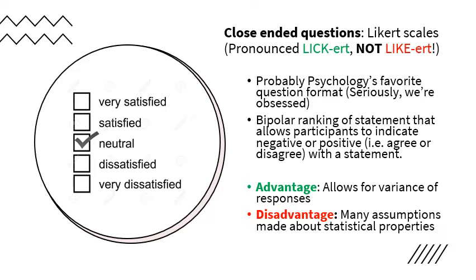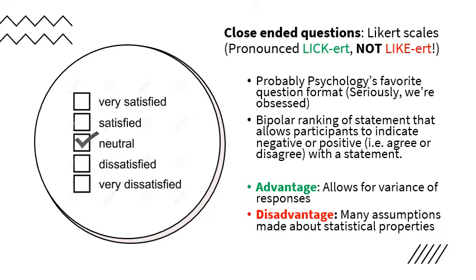And we can even include a neutral standpoint to see how people who are neutral respond to this item. Is there something characteristic about people who are more neutral to this item as compared to those who are satisfied or dissatisfied, and so on? So it allows us to answer a lot more questions within our research question.